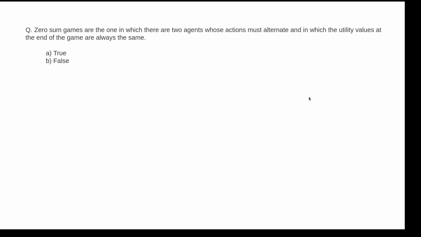This is the definition of zero-sum. Now you can say true or false.